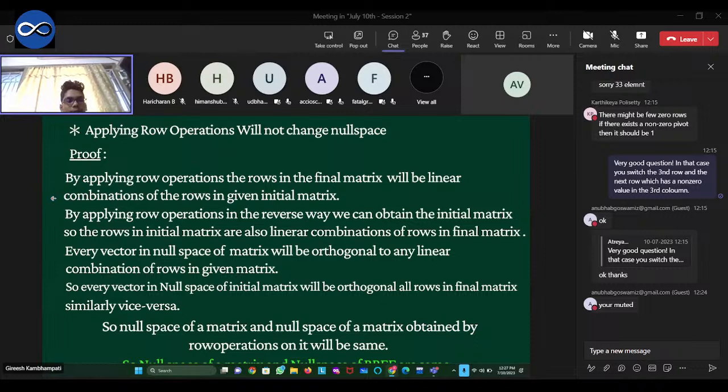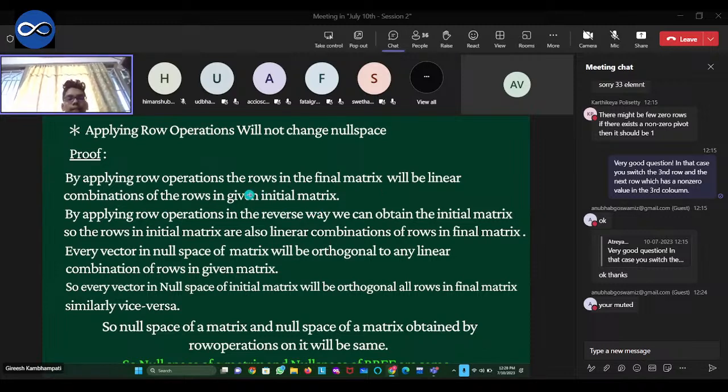If a vector in the null space is perpendicular to all rows, after interchanging rows exactly those rows will still be there. Similarly, applying any row operation on the given matrix will not change the null space, because the rows in the final matrix will be linear combinations of the rows in the given matrix.